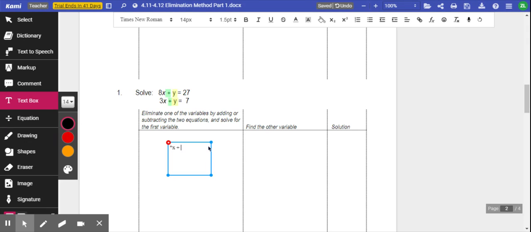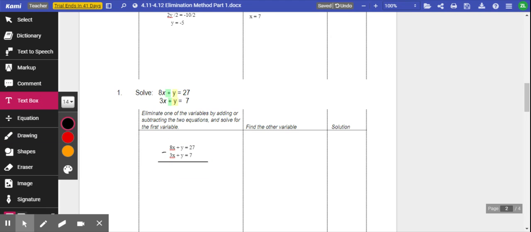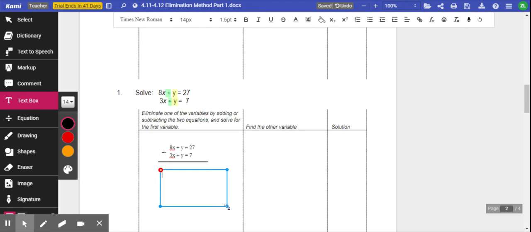So we've got 8x plus y equals 27, and 3x plus y equals 7. And just like we set up before, we're going to subtract because they're the same. And if we do this straight through, 8x minus 3x is 5x.